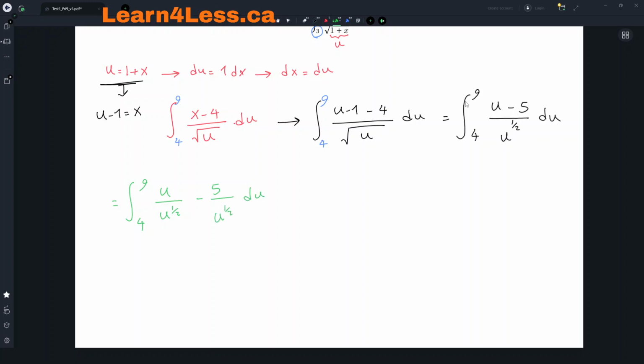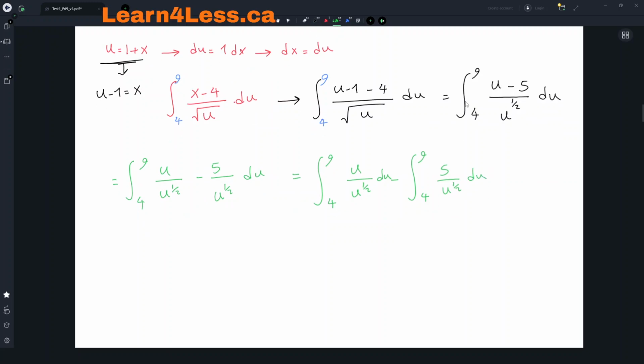And because I have two terms subtracted from each other, I can split the integral. So I can write the integral from 4 to 9 of u over u to the power of half du, minus the integral, same bounds, 4 to 9, of 5 over u to the power of half du.